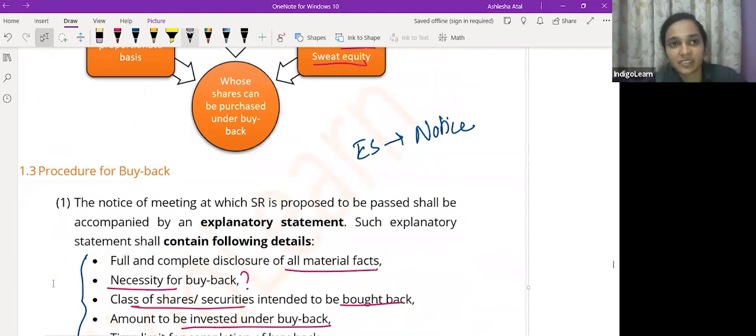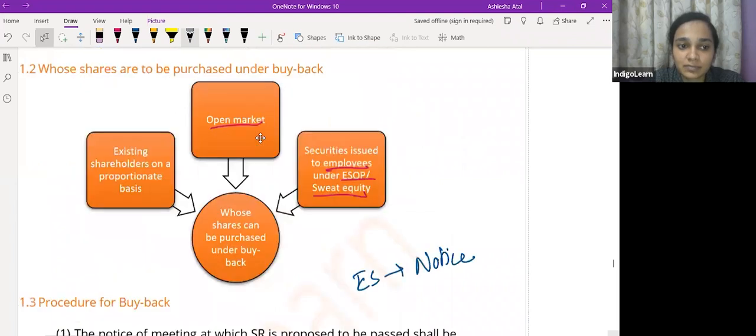Because see, if we are talking of promoters का stake बढ़ाने के लिए अगर कुछ कर रहे हैं तो promoter stake usually equity shares से ही होता है. If preference shares are being bought back, there will be no point in increasing the promoter stake because preference shareholders do not have any voting right at all. तो फिर कोई मतलब ही नहीं ना.